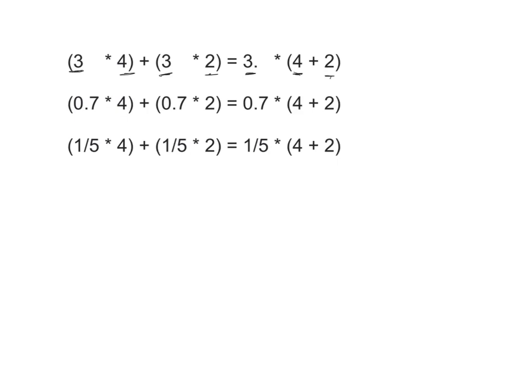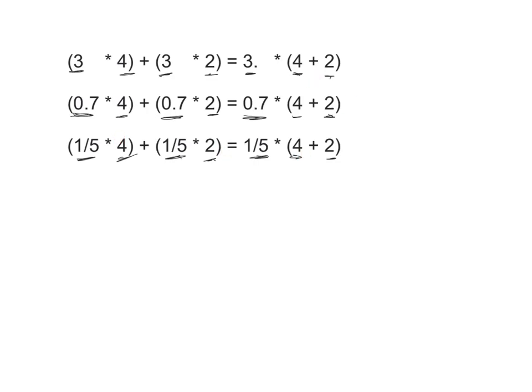So I have a lot of repeats. Let's try the same: 0.7, 0.7, 0.7, 4, 4, 2, 2. Here I have a fifth, a fifth, a fifth, 4, 4, 2, 2. As I was doing that, I noticed I had a lot of 4s and 2s. In fact, there are 4s and 2s in every single one of these problems.